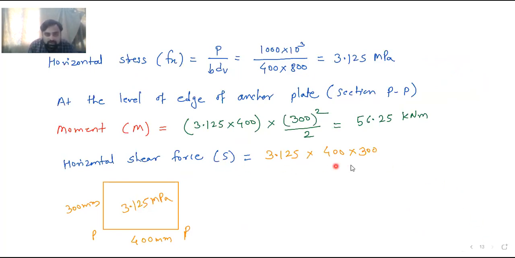If you calculate the value of S, then let me know the answer. 3.125 into 400 into 200.